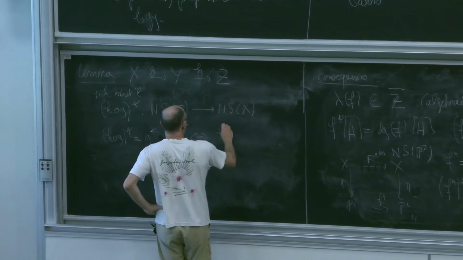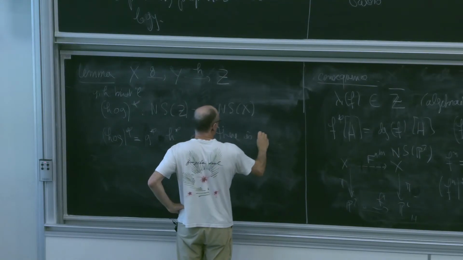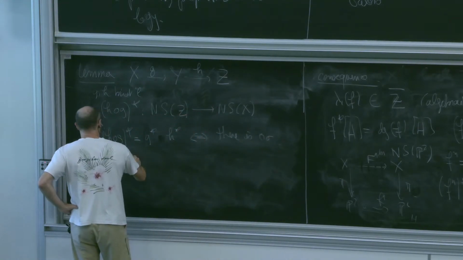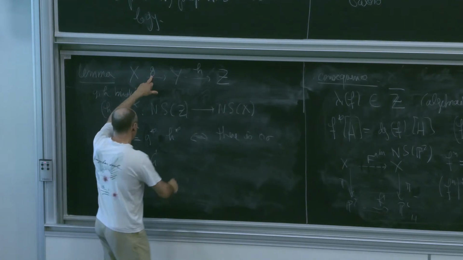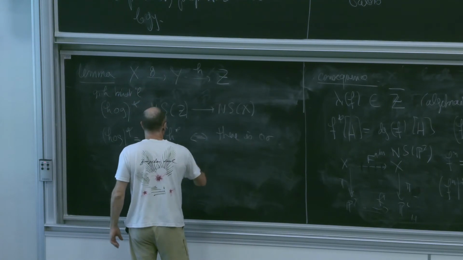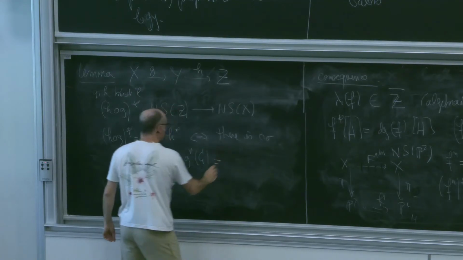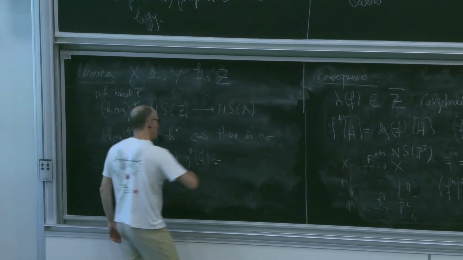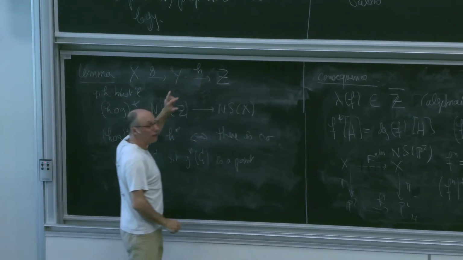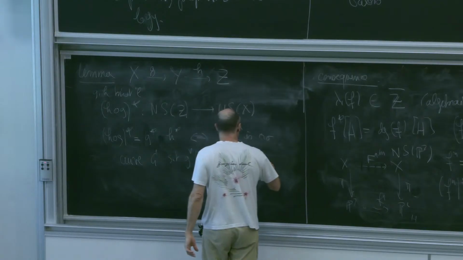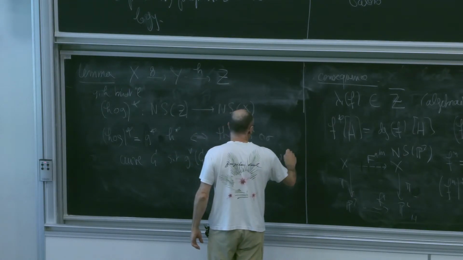So there is no curve, let's say reducible, C, that is contracted by g, such that its image by g is a point, which is blown up by h. So it's a point inside the indeterminate locus of h.